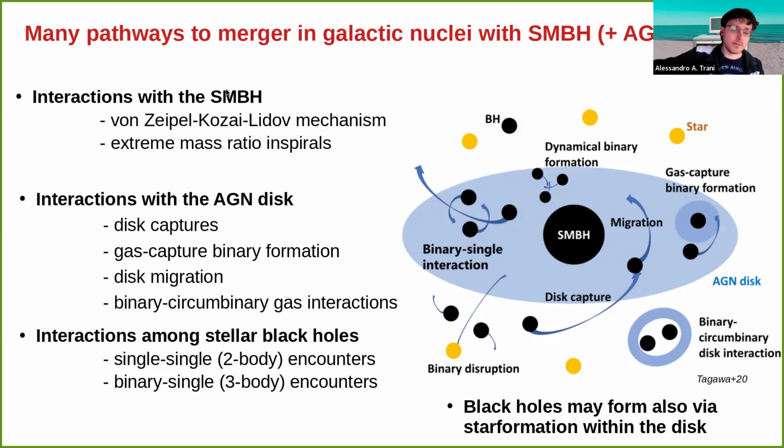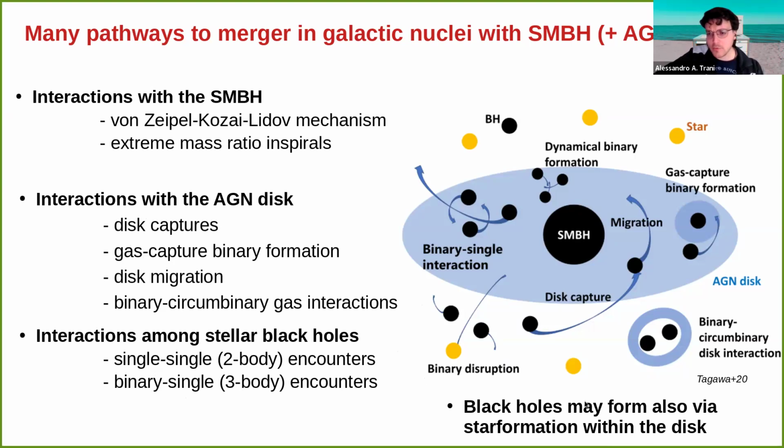This can accelerate the merger of inclined binaries. You have interaction with the AGN disk, so gas physics can induce, again, migration, but also captures and interaction between disks around black holes embedded within the main AGN disk. And of course, you have more purely dynamical interactions, which are single-single encounters or binary-single encounters.